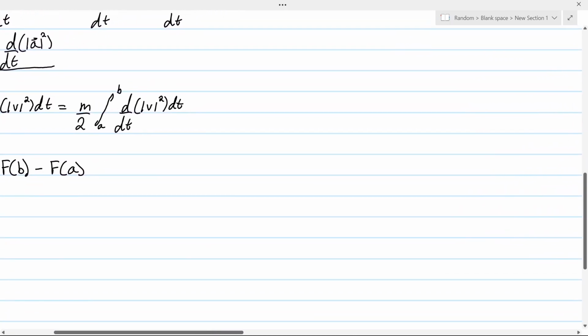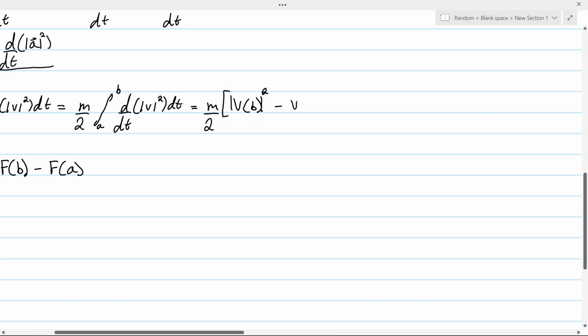And this tells us that we can write this as m over 2 times v at b squared minus v at a squared.